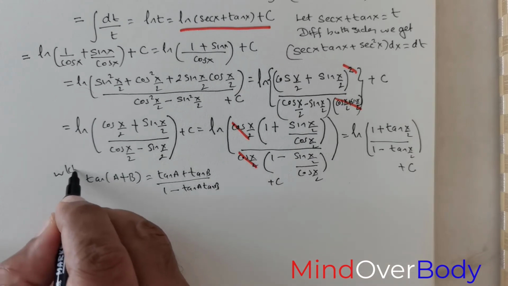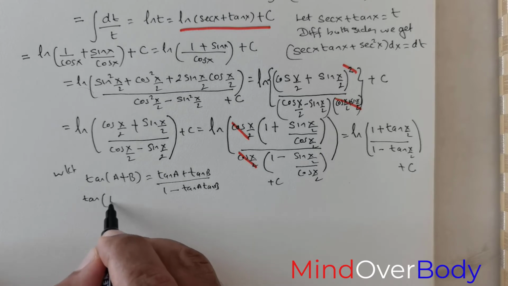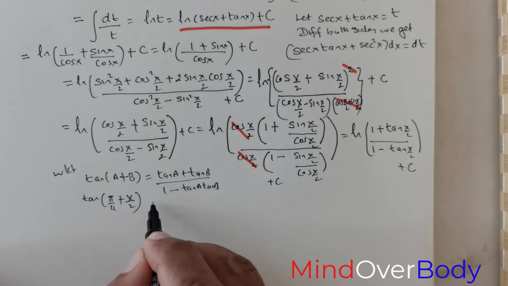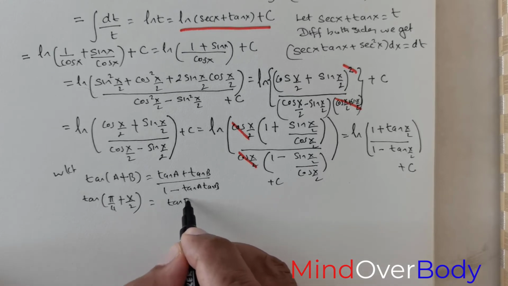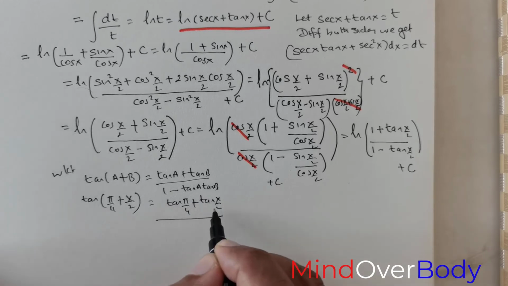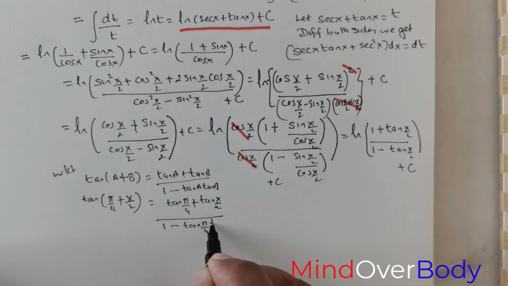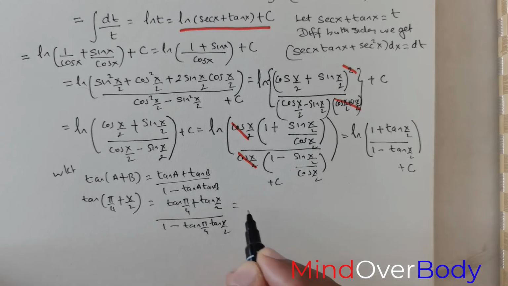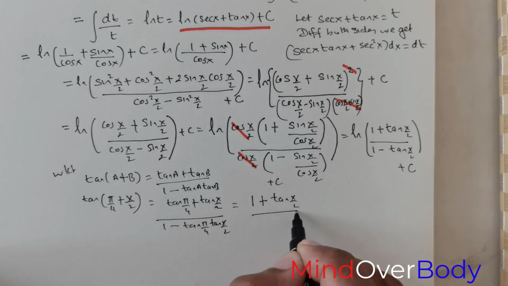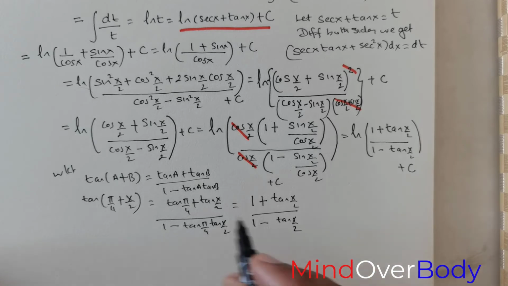We know that. Now if I take a equal to pi/4 and b equal to x/2, I would get tan(pi/4 + x/2) equal to (tan pi/4 + tan x/2) divided by (1 minus tan pi/4 tan x/2). Tan pi/4 is 1, so this is (1 + tan x/2) divided by (1 minus tan x/2).